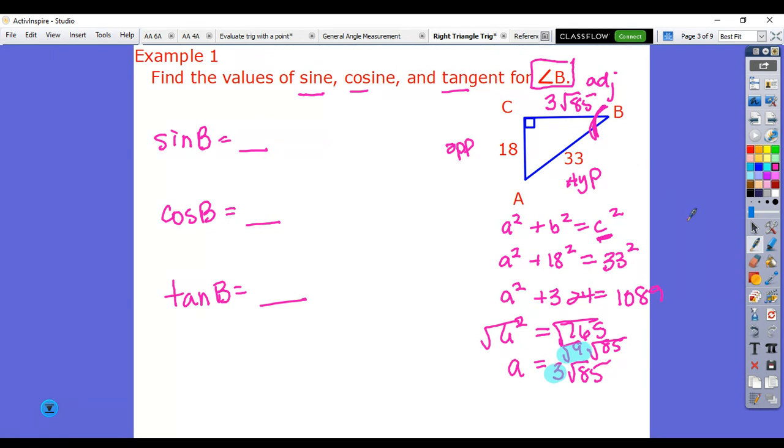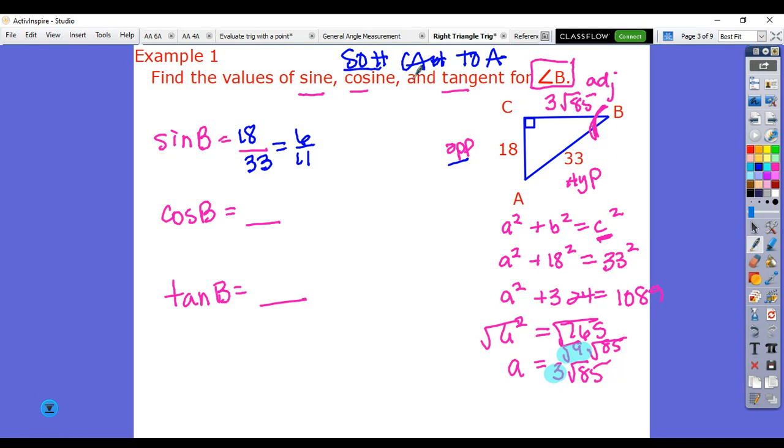All right, so if we think about SOH CAH TOA, so for sine, opposite 18 over hypotenuse 33, and then both of these can be divided by 3, and the simplified answer is 6 over 11.